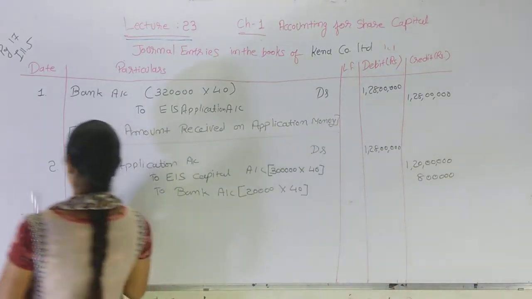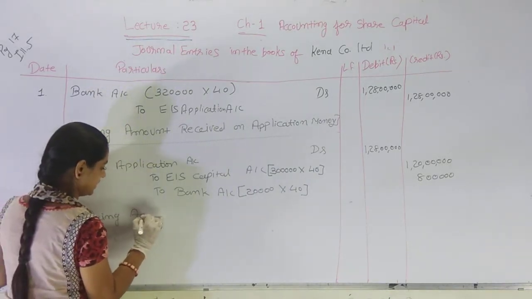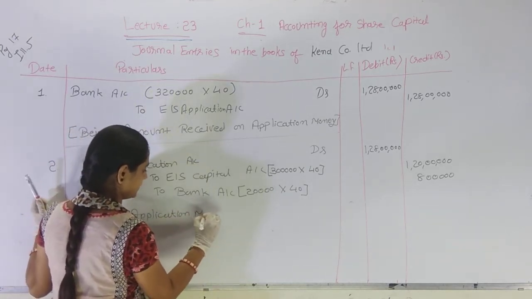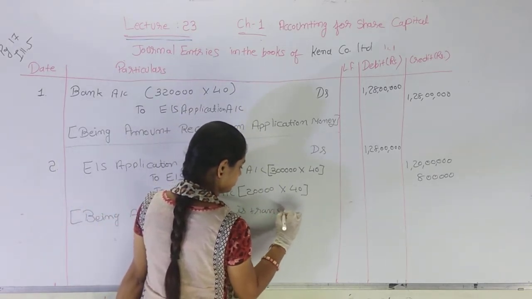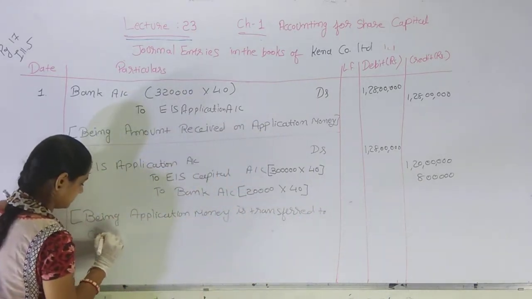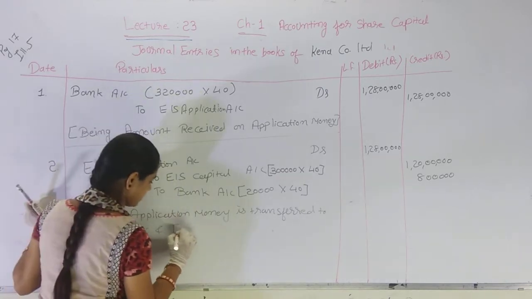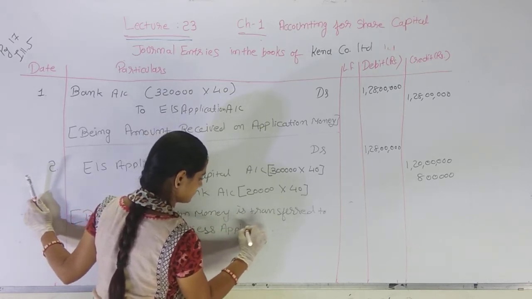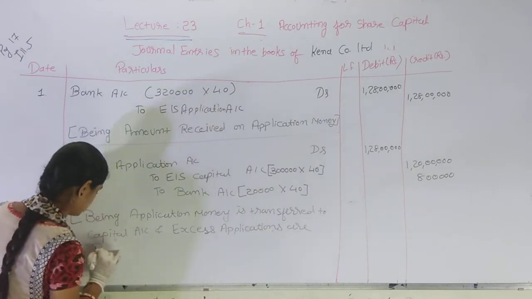Right? Into bracket, bill application money is transferred to capital account and excess applications are returned.